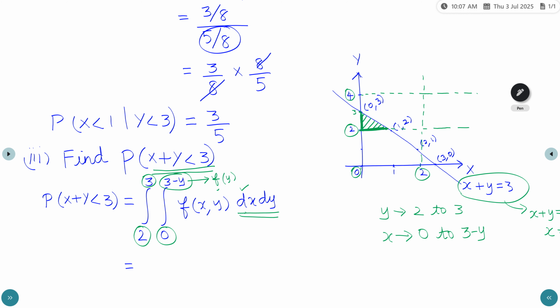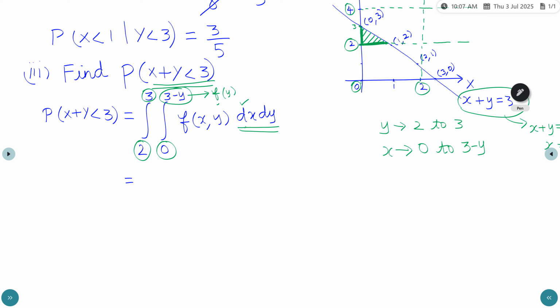That is integral 2 to 3, 0 to 3 minus y, 1 by 8 into 6 minus x minus y dx dy. First integration with respect to x.